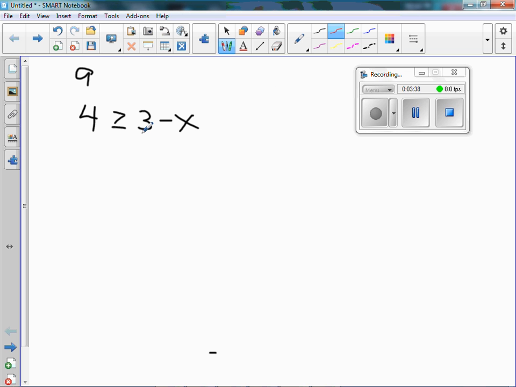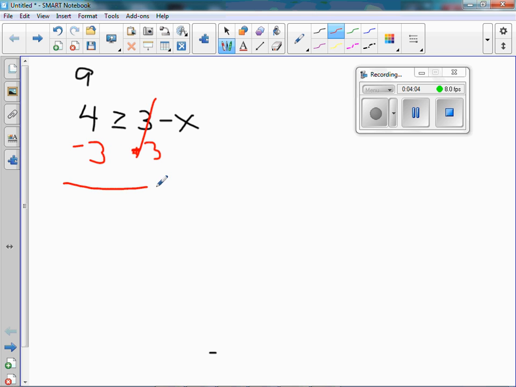That means that we've got to move the 3 over to the other side of the inequality. So the opposite of being subtracted by 3 is you're going to have to add 3 to both sides. Rather, this is a positive 3, so this one would have to take a minus 3 on both sides in order to eliminate the 3.